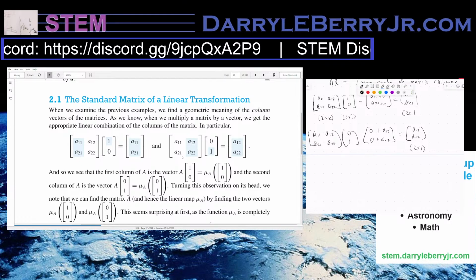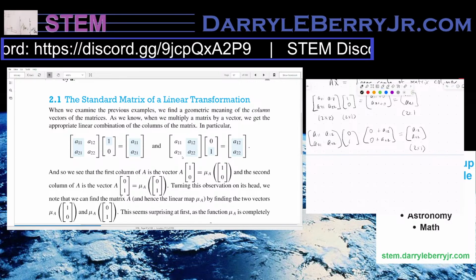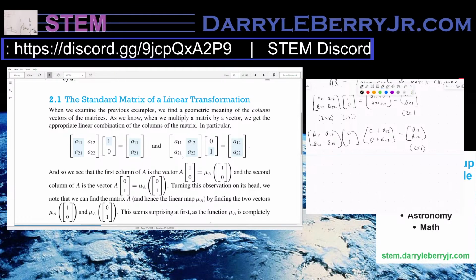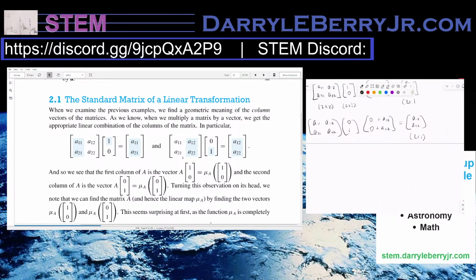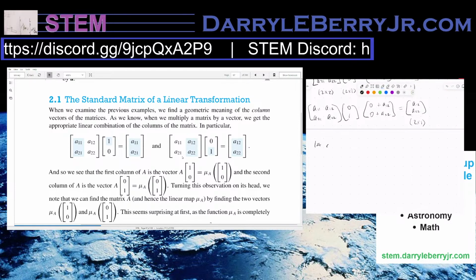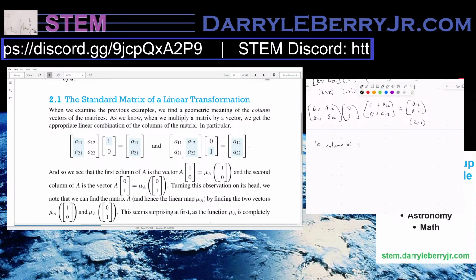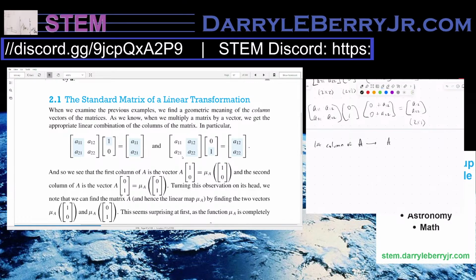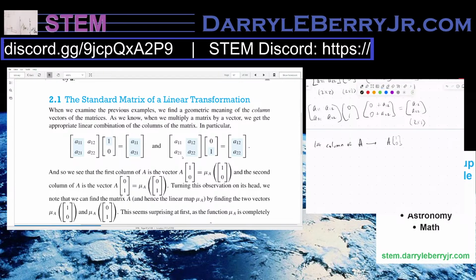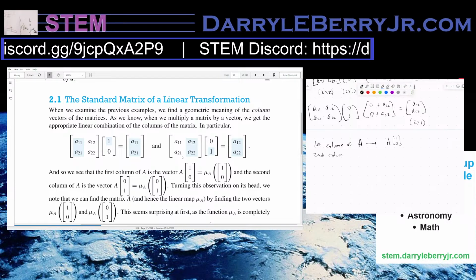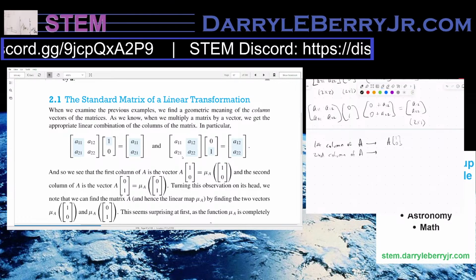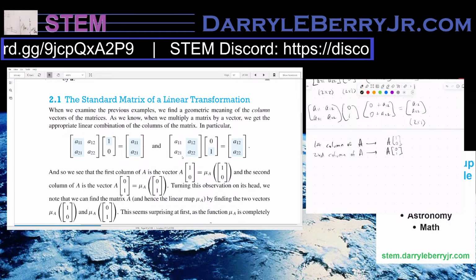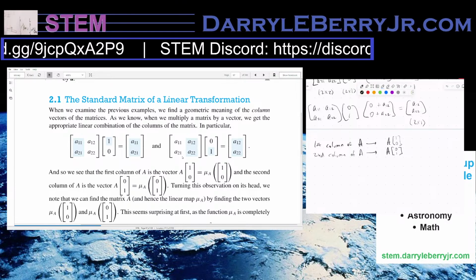And the second column of A is the whole matrix A times that vector. So this is how we can extract columns from matrices.